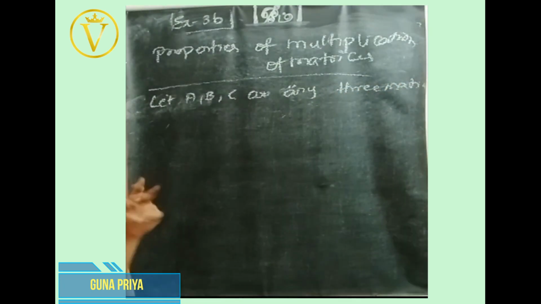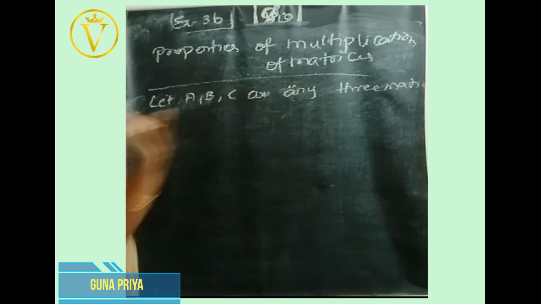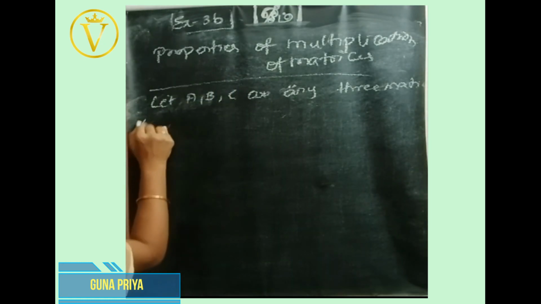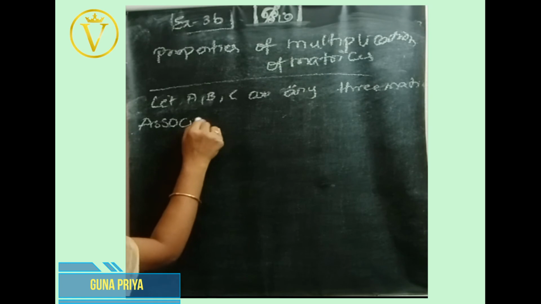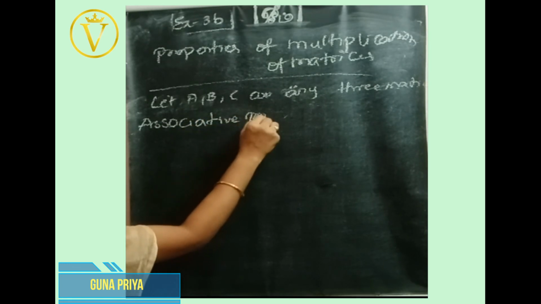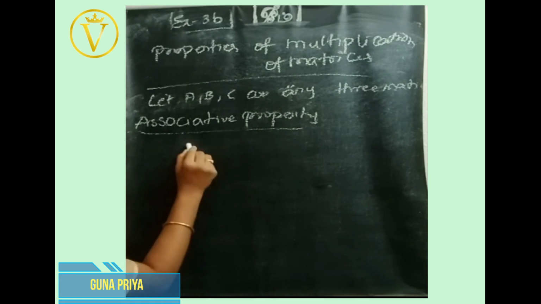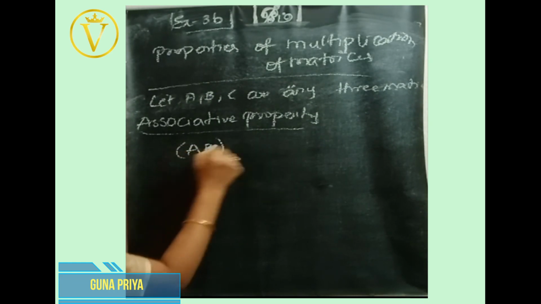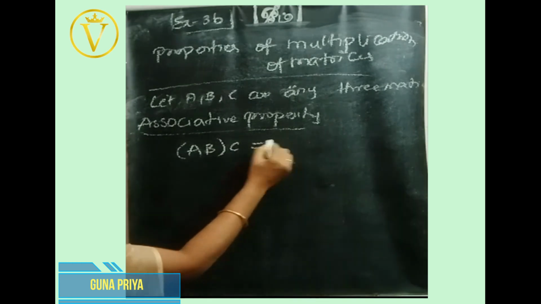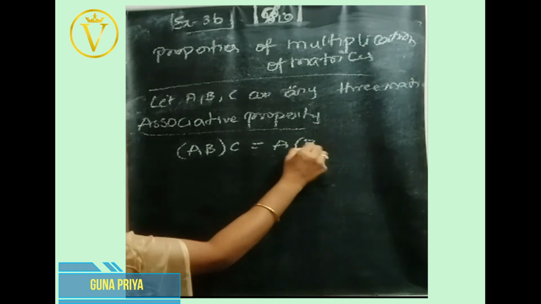Don't confuse the properties of scalar multiplication with multiplication of matrices. First is the associative property. So if two matrices A and B are multiplied with the single matrix C, then you will get A of BC.